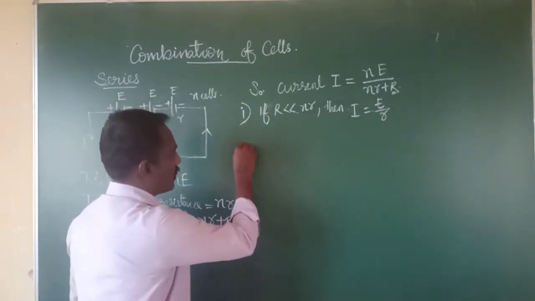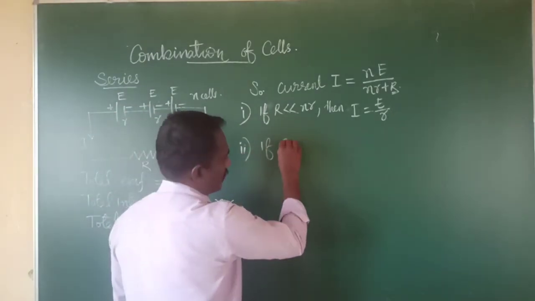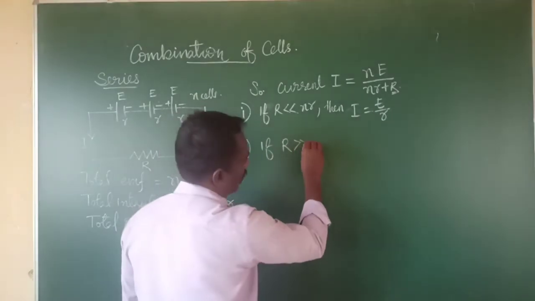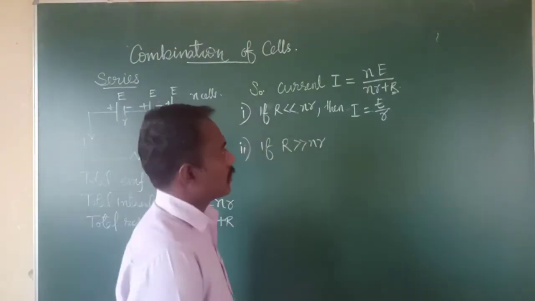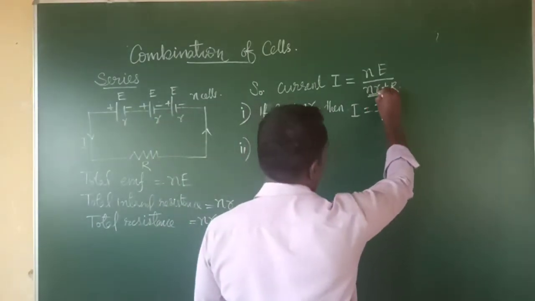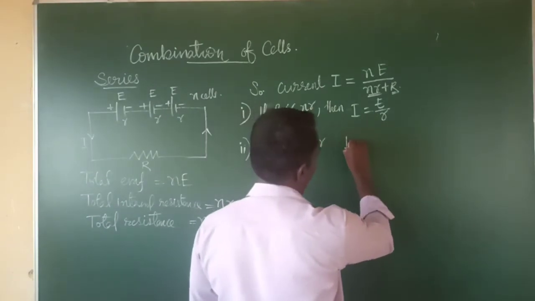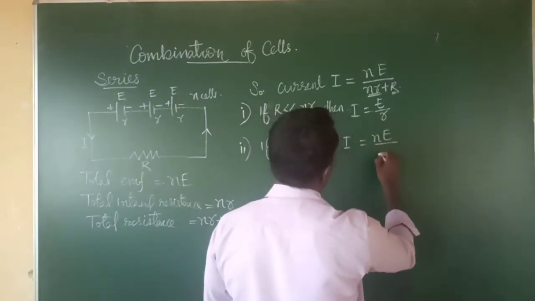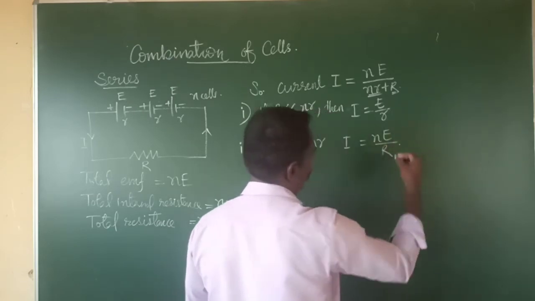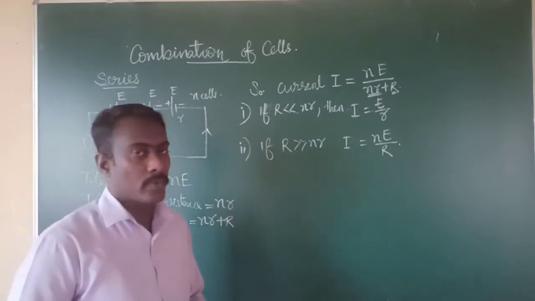And the second condition is, what if the value of external resistance is greater than the total internal resistance of the circuit? Then this term can be negligible. So then we will get I is equal to N into E divided by R. In which condition will we have the maximum value for the current?